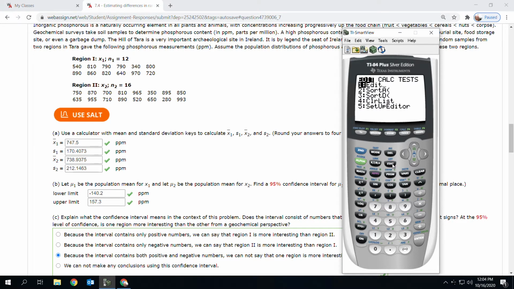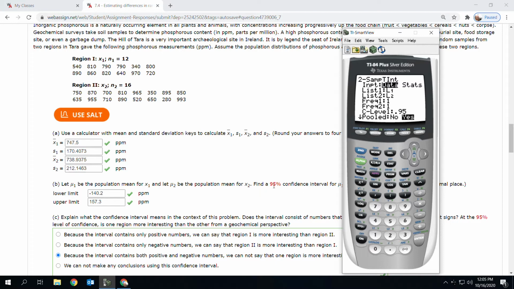Okay, as far as the confidence interval goes, we've got Stat, Tests, two sample t interval. Since we typed the data in, we leave input as data. We want it to read list 1 and list 2.